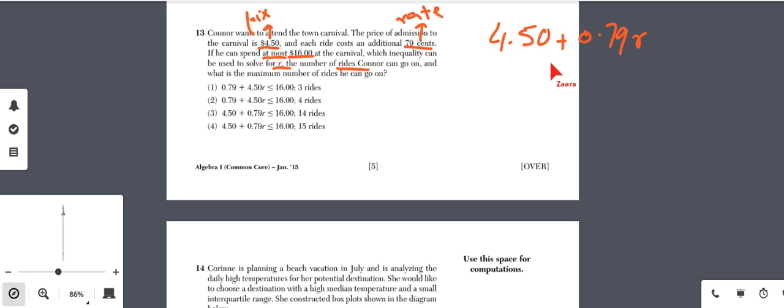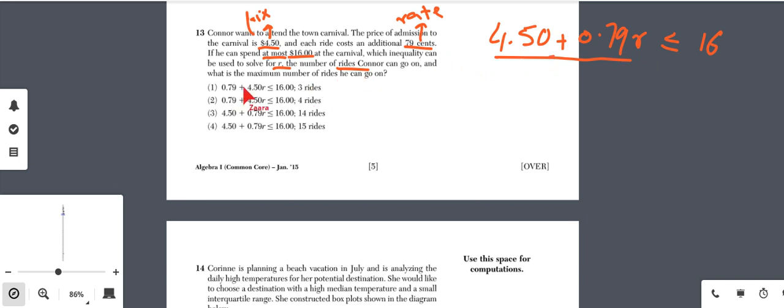The total cost he can spend at most means he can spend a maximum of $16 or less. Clear?